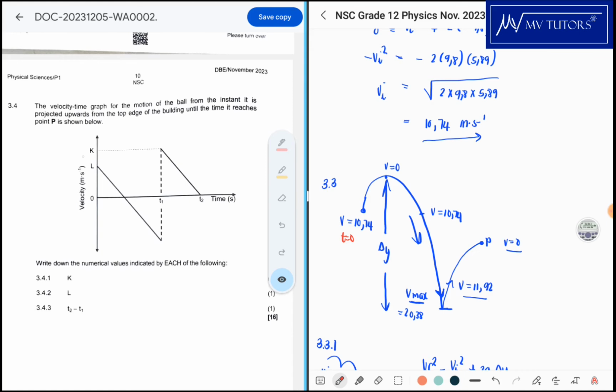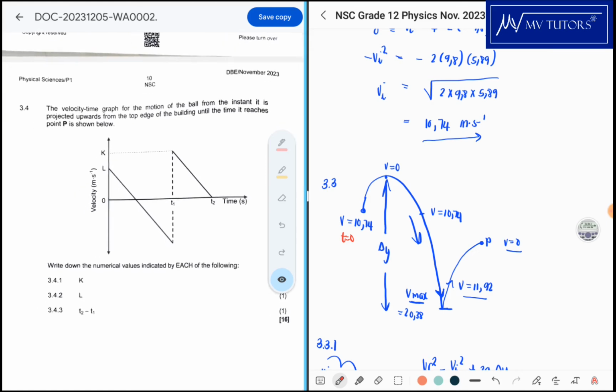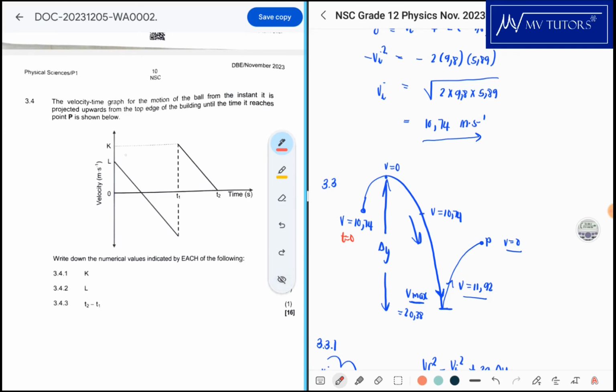So at time 0, our velocity was 10.74. Then here we reached 0 velocity at whatever time that is, and here is where the ball bounces.